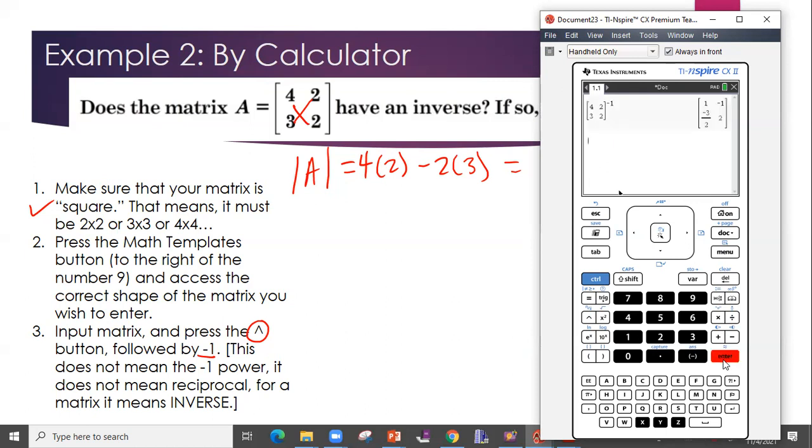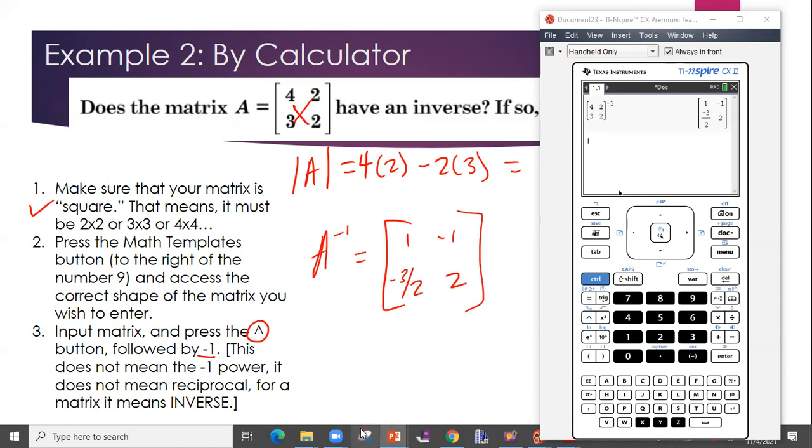And then hit enter. And there's your inverse. So A inverse equals 1, -1, -3/2, and 2. And that's the answer.